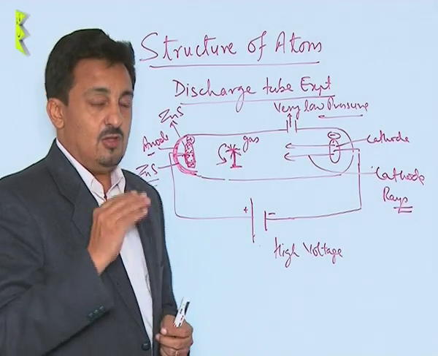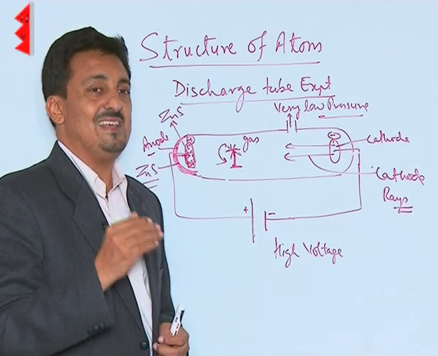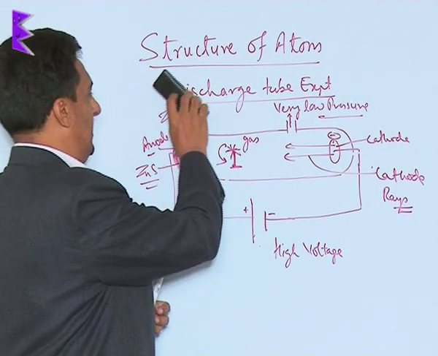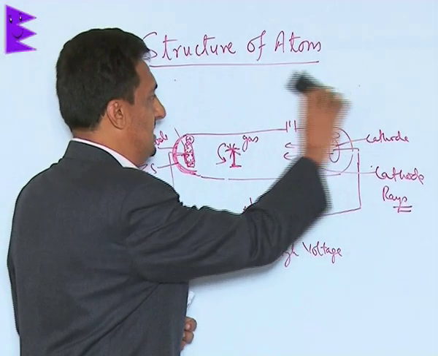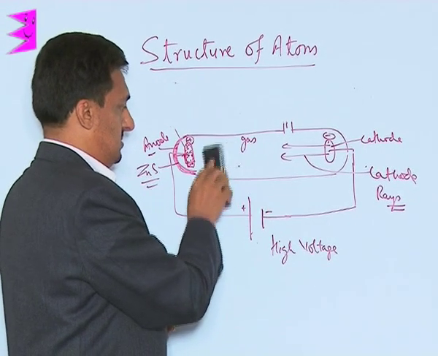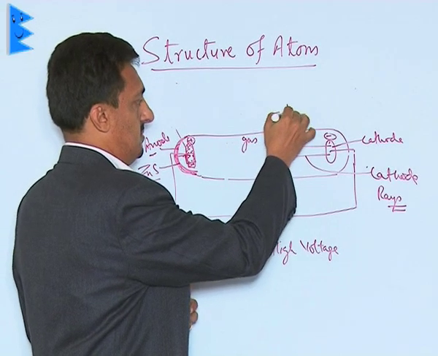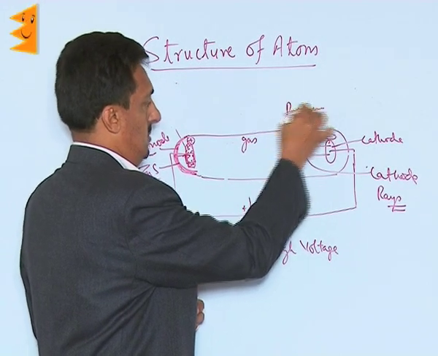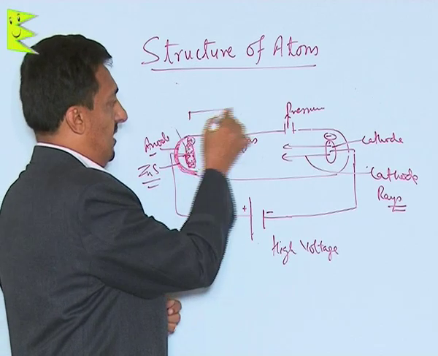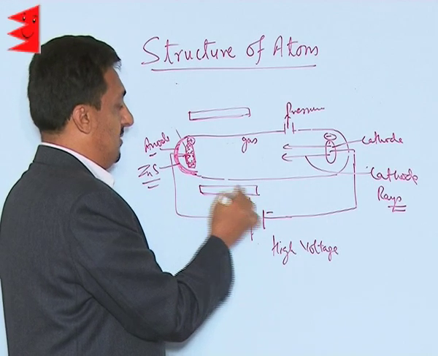Later on, in order to find out what kind of a charge they have and what exactly their charge to mass ratio is, J.J. Thomson did some more experiments on these rays. In order to confirm what the charge on these rays is, an electric field was placed around this tube.